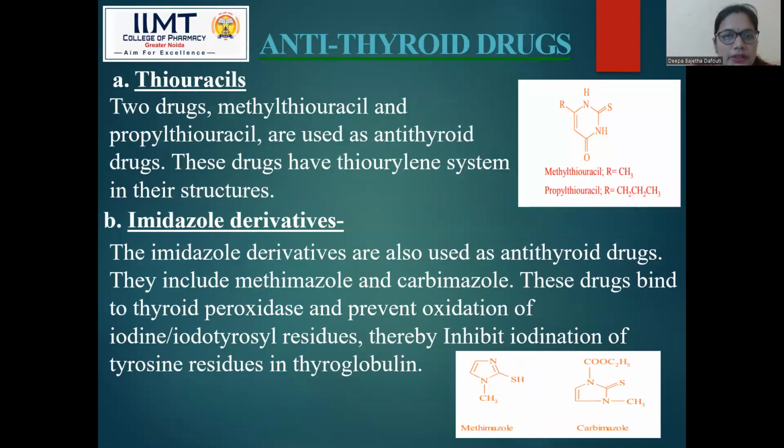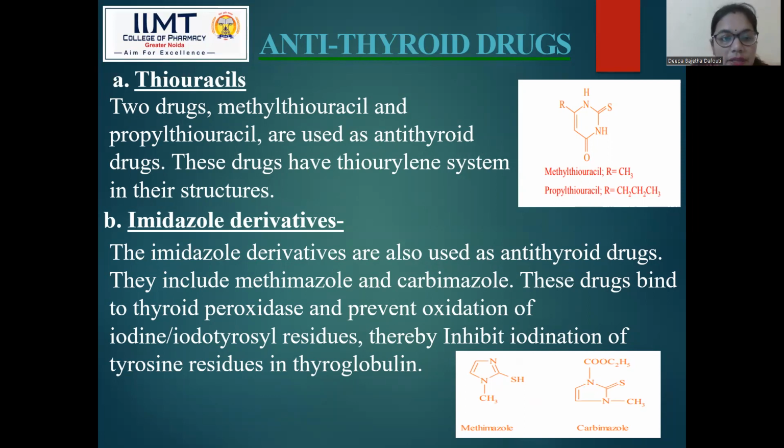Next is thiouracils. The two drugs methylthiouracil and propylthiouracil, in which methyl group and propyl group respectively are present, are used as anti-thyroid drugs. These drugs have thiourylene system in their structures. Imidazole derivatives. The imidazole derivatives are also used as antithyroid drugs.